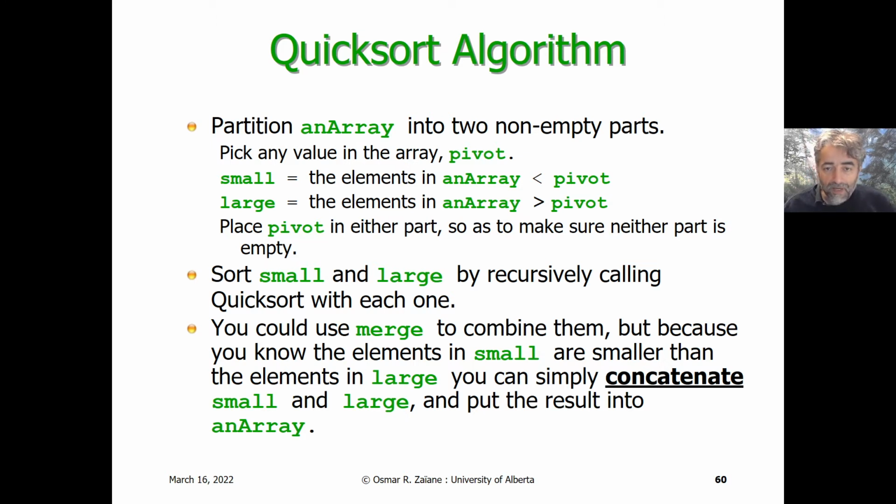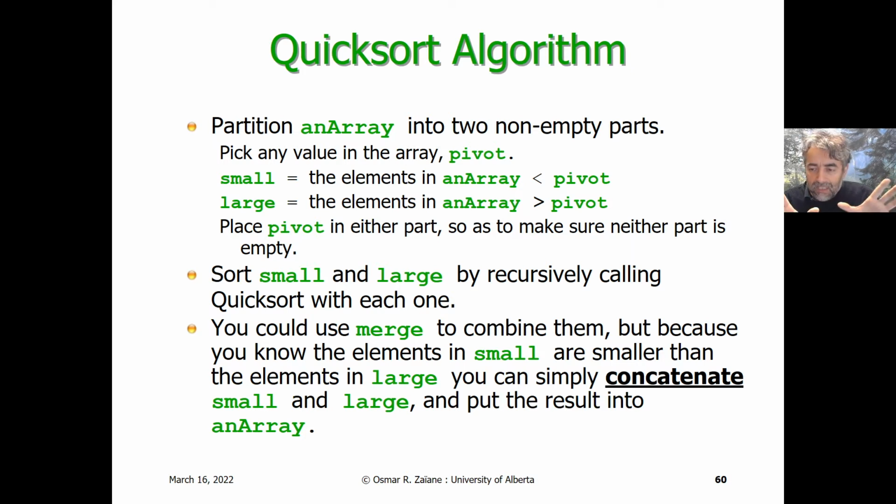If I can do that, and I know the pivot is in the right place, the elements that are smaller than the pivot are not necessarily sorted, and the elements in the right-hand side are not necessarily sorted. But if I sort them recursively, then when they come back, I don't have to merge anymore. I just have to concatenate. Why?